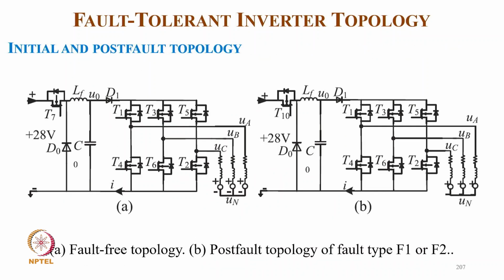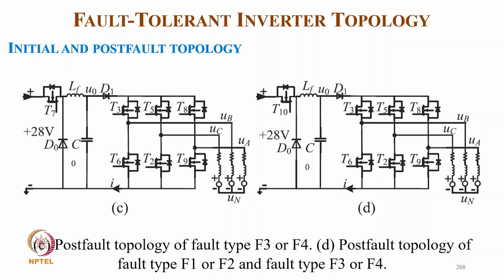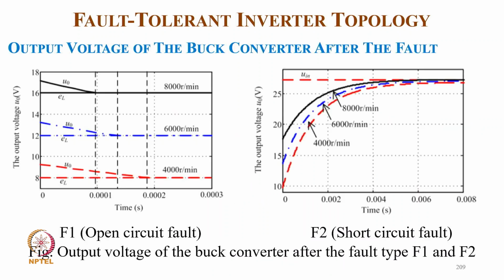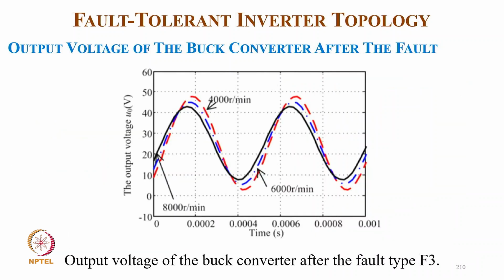And this is the initial, pre-fault topology and the post-fault topology, and then the pre-fault and different kinds of faults, and this is the output voltage of the buck converter after the fault, open circuit and short circuit faults.